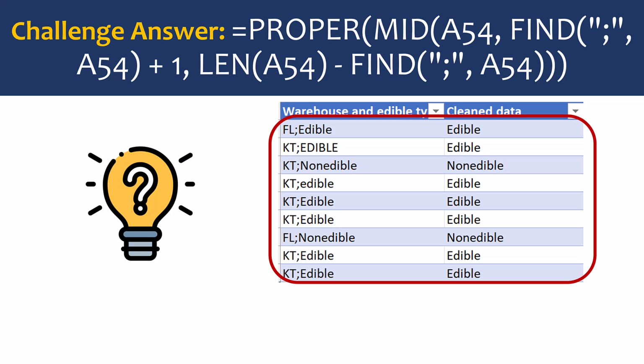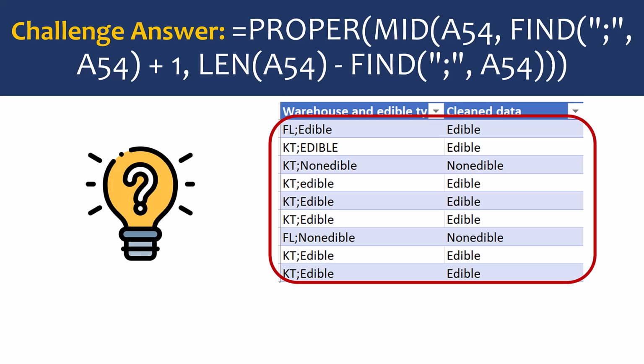Here's a breakdown of how this works. FIND finds the position of the first semicolon in cell A54. LEN(A54) calculates the total length of the text in cell A54. MID(A54, FIND+1, LEN-FIND) extracts the substring from the cell A54 starting just after the semicolon until the end of the text.